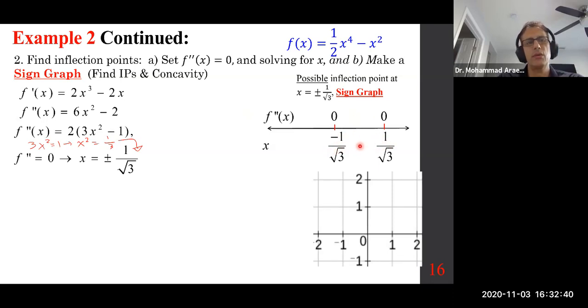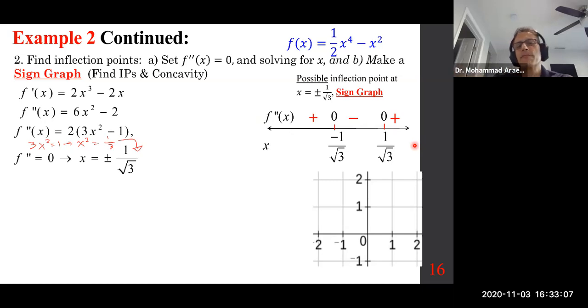So if you plug in 0, you can see what happens. It may be even easier to plug it into this. Makes it negative. So if this is negative, then the other 2 must be positive. Or just pick a number to the left of negative 1 over square root of 3, like negative 2 or negative 10. To the right of 1 over square root of 3, positive.